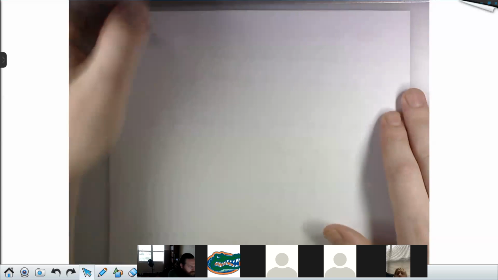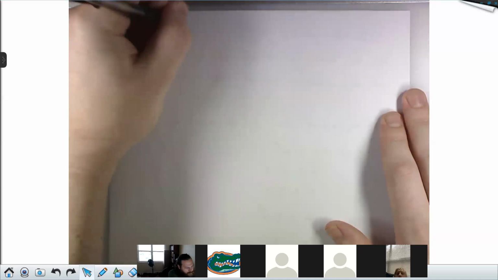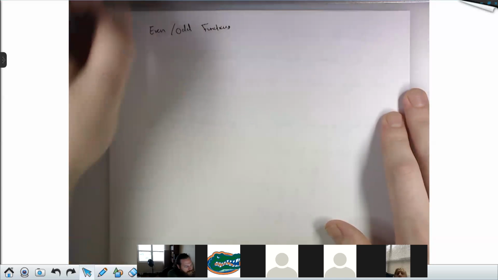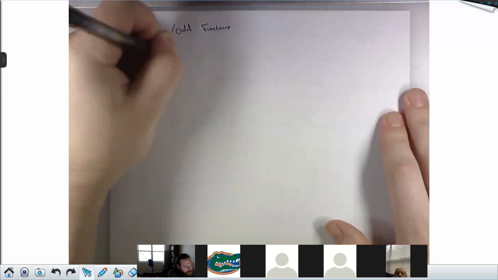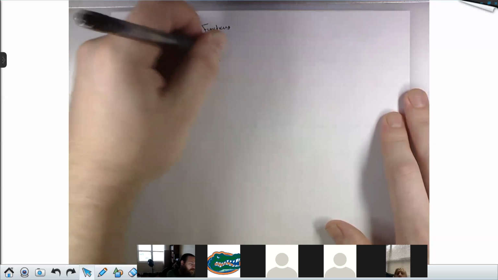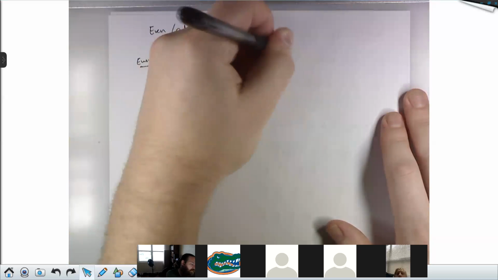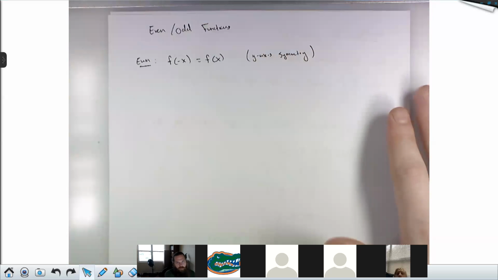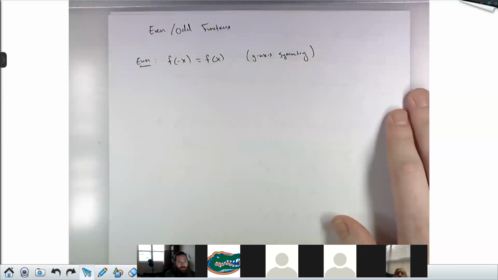remember, so even and odd functions. An even function is one that satisfies f of negative x is equal to f of x, and they'll have y-axis symmetry. So if you're wondering, is my function even? One option is to graph it. If it has y-axis symmetry, then it is.